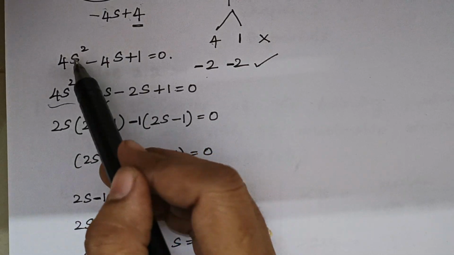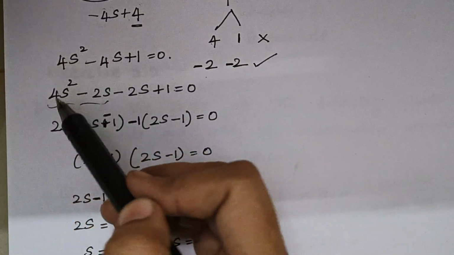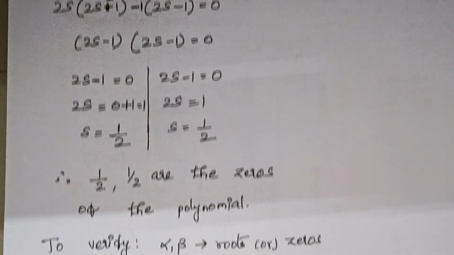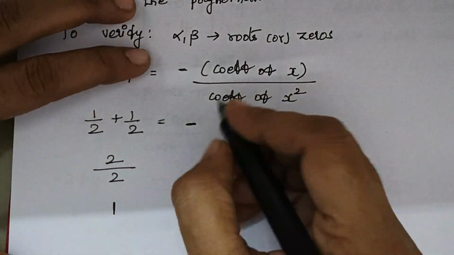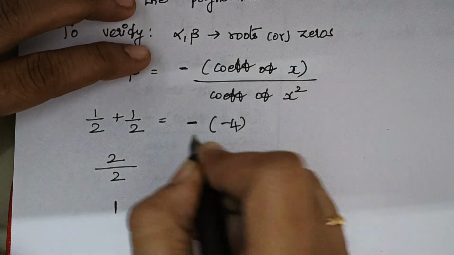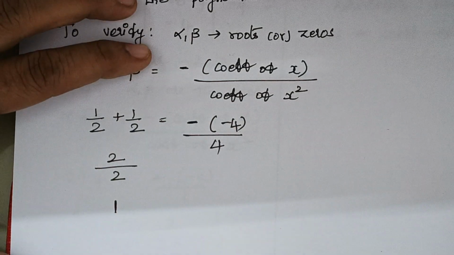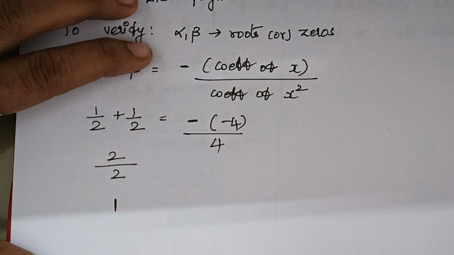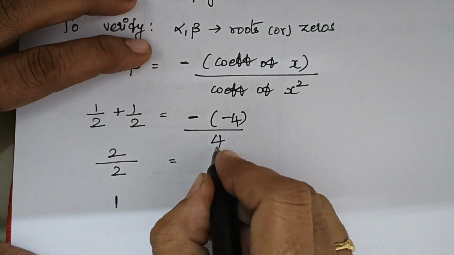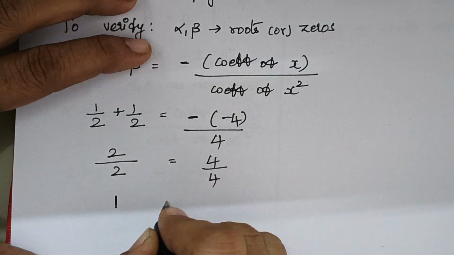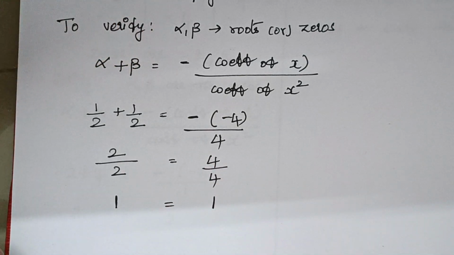The coefficient of x square is plus 4, right? Substitute the values here: the minus as such and minus 4, the whole thing divided by plus 4. Minus into minus becomes plus, so plus 4 by 4, and this is again equal to 1.